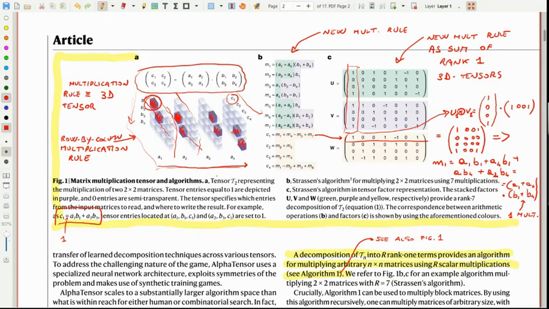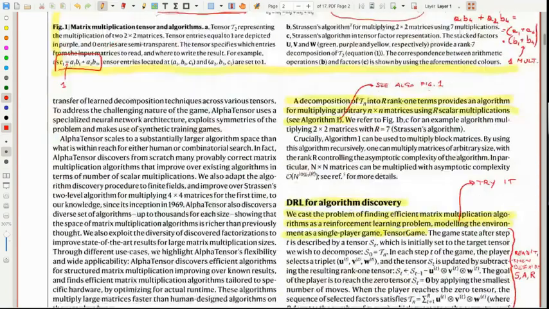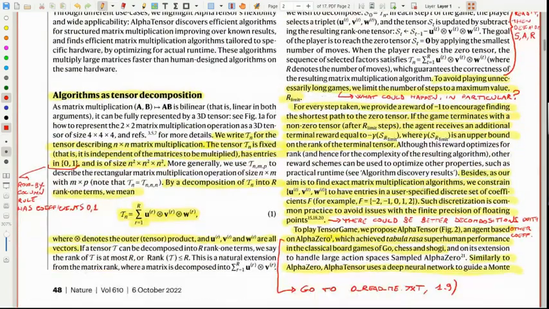Now, look at this other picture, or maybe we can show this formula. Let's say theorem. Tn is the original tensor, the multiplication algorithm tensor corresponding to the multiplication algorithm, where n means that we are multiplying n by n matrices.